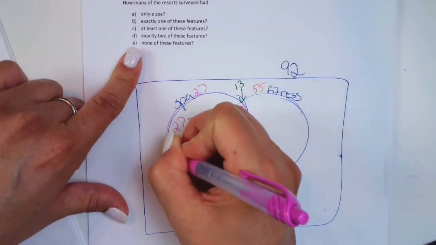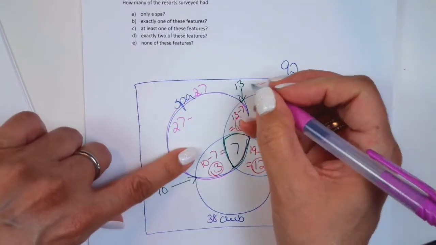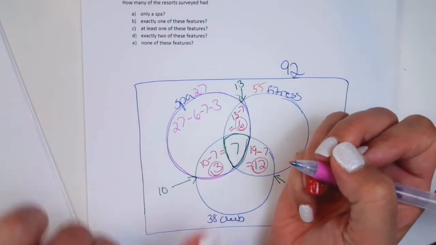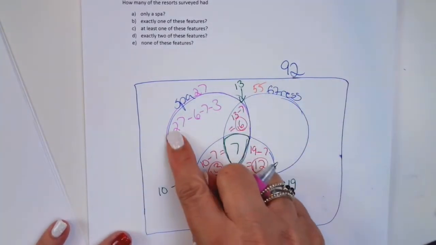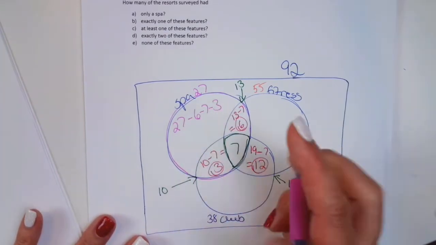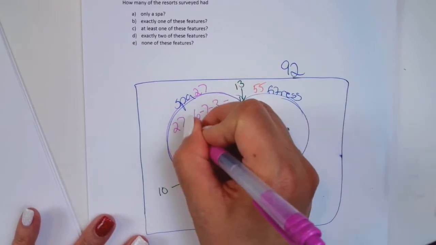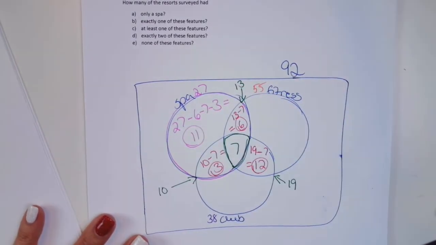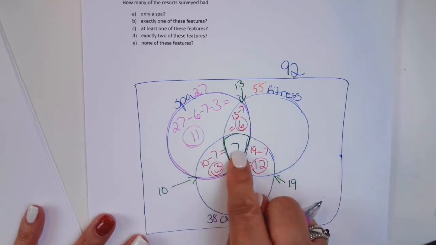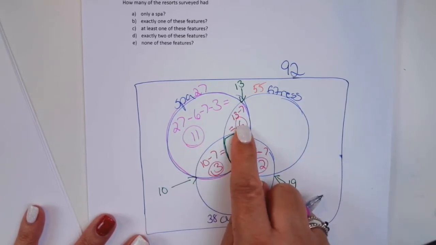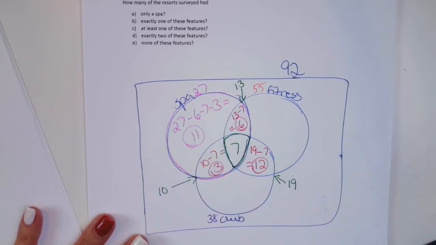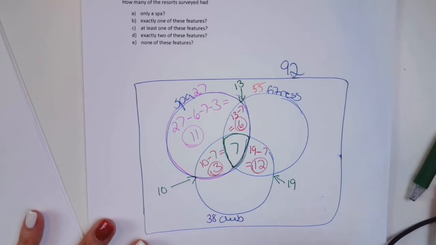If you look at it, all of them have a spa. 27 minus 6 minus 7 minus 3. 27 minus 7 is a 20, minus 9 is 11. So now if we add all these, 3 plus 7 is 10, plus 6 is 16, plus 11 is 27. That should add up to this. Or we've made a mistake.